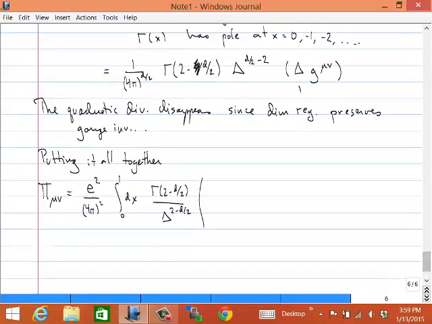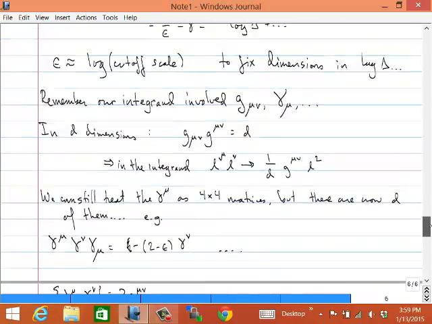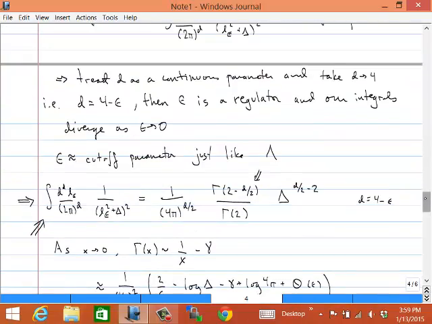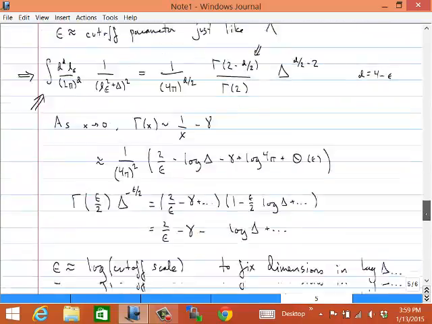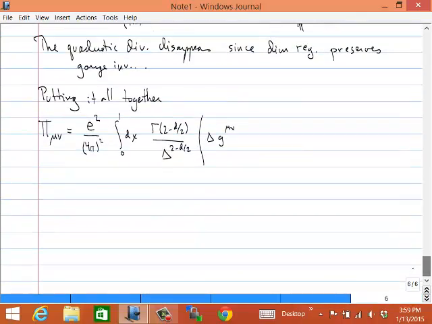So from this term here, we had a delta g mu nu. And then we had two other terms, which are these terms right here. We had one proportional to g mu nu and one proportional to p mu p nu. So let me copy those down for you.